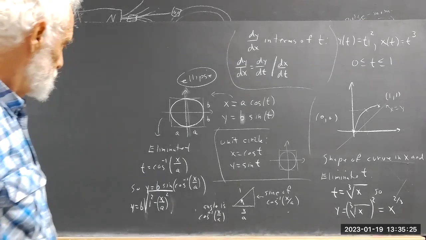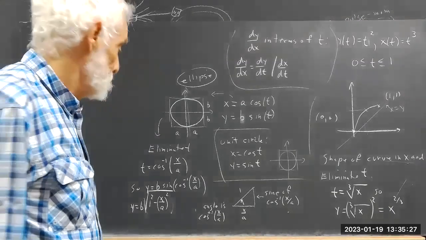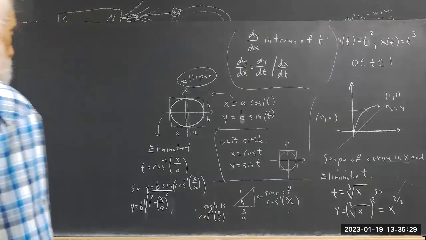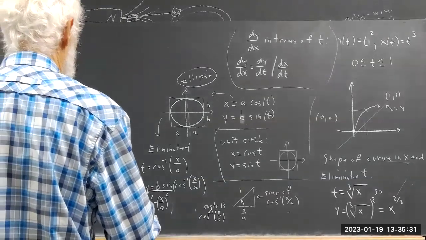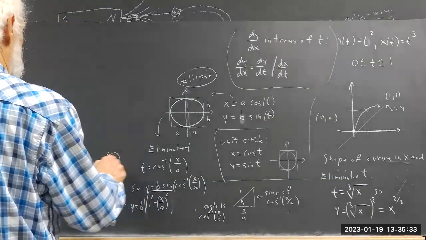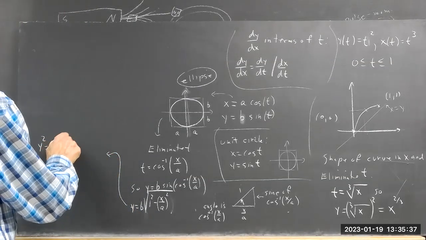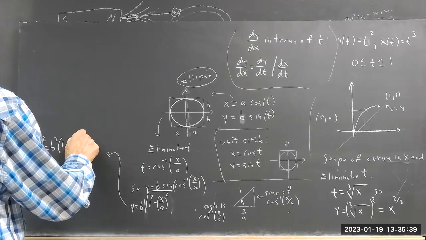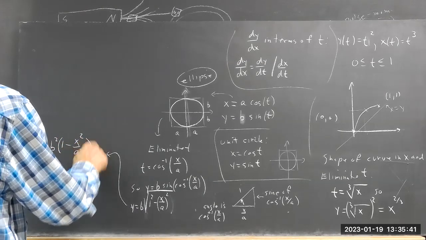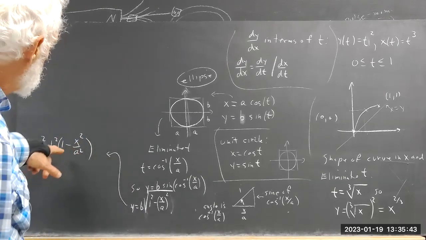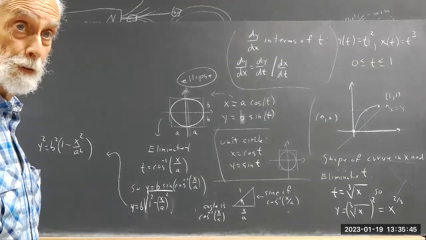So we have this, right? Y squared equals B squared times 1 minus X squared over A squared.